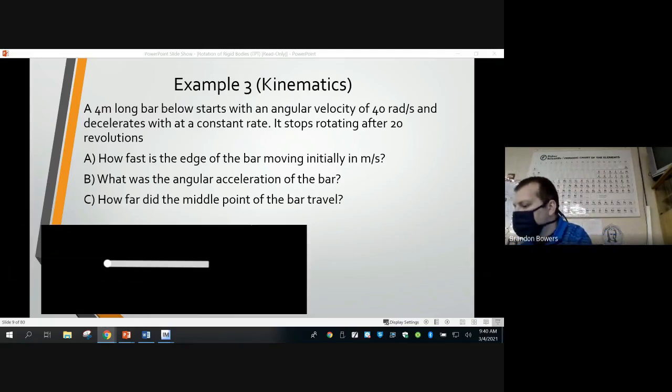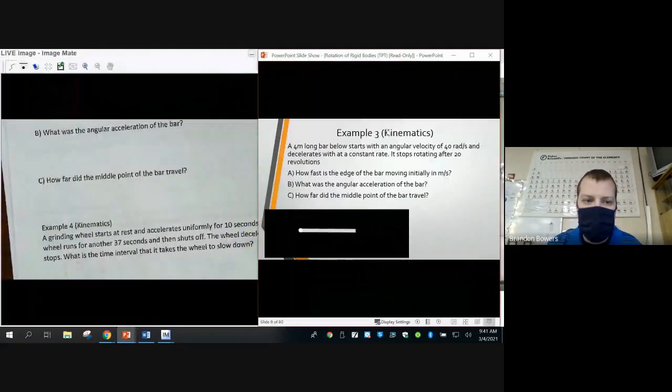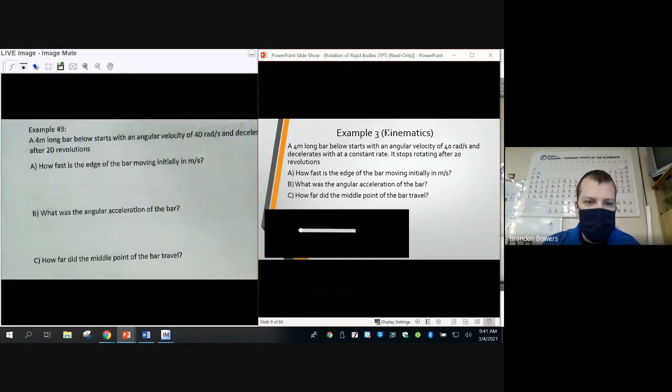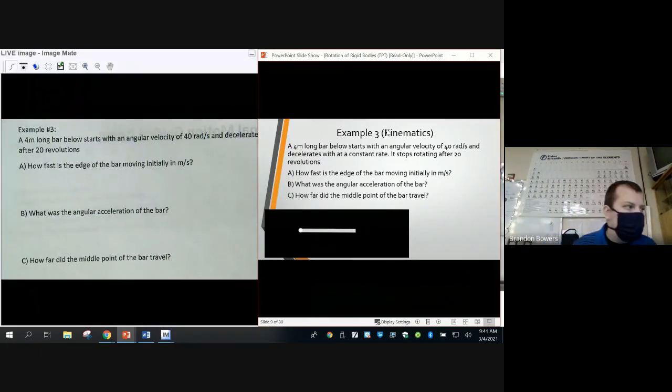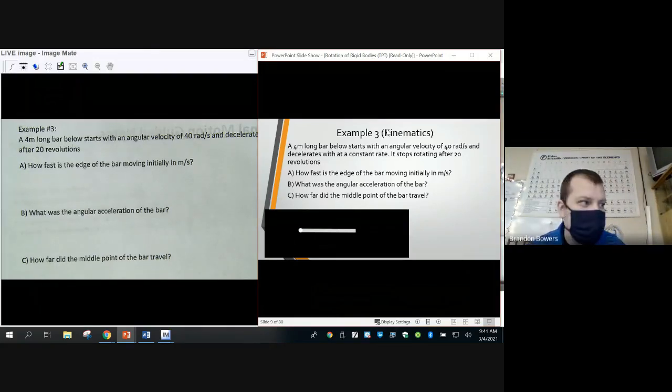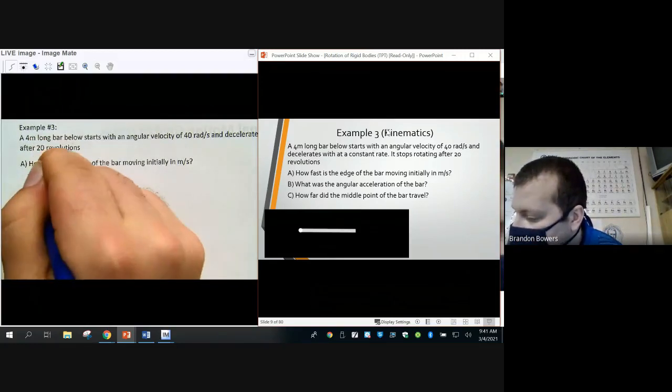Okay, so how fast does it initially move? What do we know? My radius is 4.